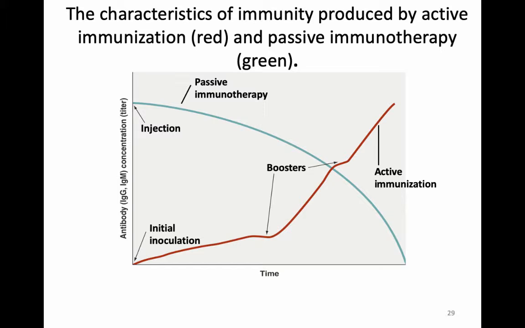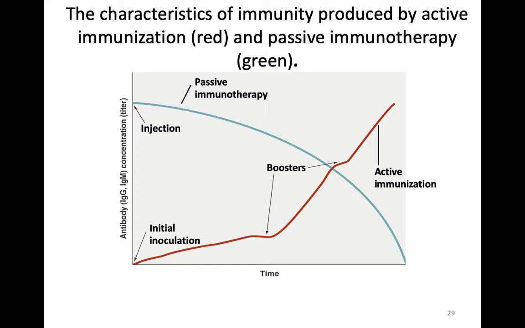You are exposed to antigen, and your body actively responds by making antibody. With each of the boosters, we have additional exposure, so we're ramping up the memory response, and the memory cells are responding more and more robustly. So you get a very high concentration of antibody that will last a long time with the red line.